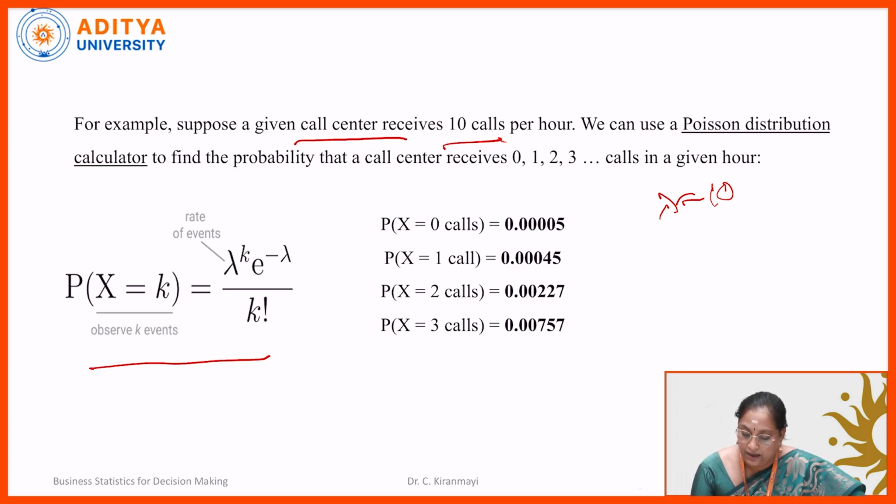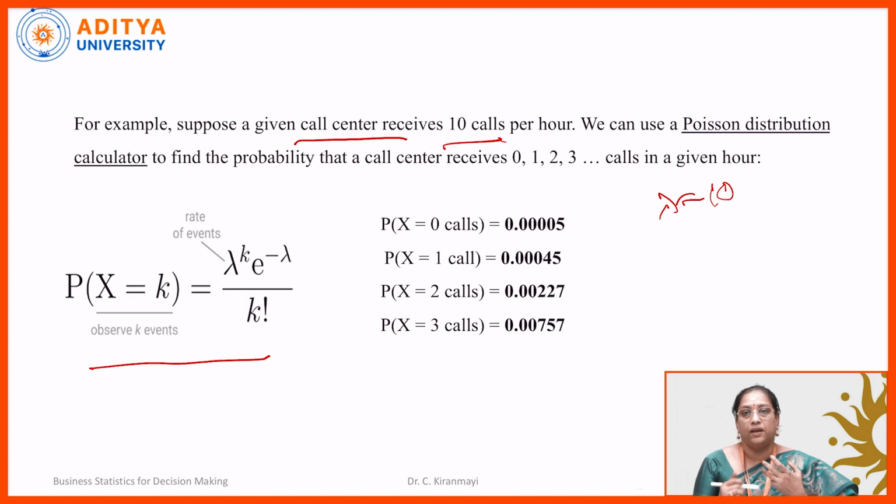We can say the lambda value we are given is 10. We can use it to find the probability that a call center receives 0, 1, 2 calls. So, what is the probability that a call center does not receive any call in 1 hour?